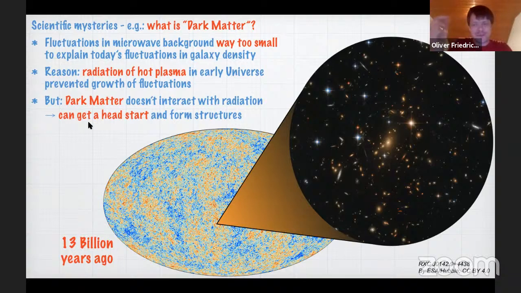Now you might say that this is kind of a cheap trick, right? We observe this discrepancy, and then we just invent a mysterious substance, and that's solving the issue. But at this point, I should say, this idea of dark matter was not invented to explain this problem. It was invented to explain other observations, for example, the rotational velocities of galaxies, or also the velocities with which galaxies move inside galaxy clusters.